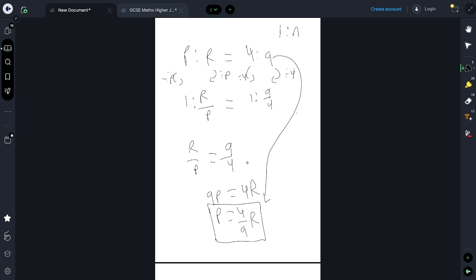If you have two equal ratios, especially in those algebra questions like the other one, you make the two ratios have the same number, because then you can equate them exactly. If the two numbers are the same, then the other numbers have to be the same. So r over p has to be 9 over 4. And then you can show that p is 4 over 9r by cross multiplying. Okay, so I did explain that in the end.